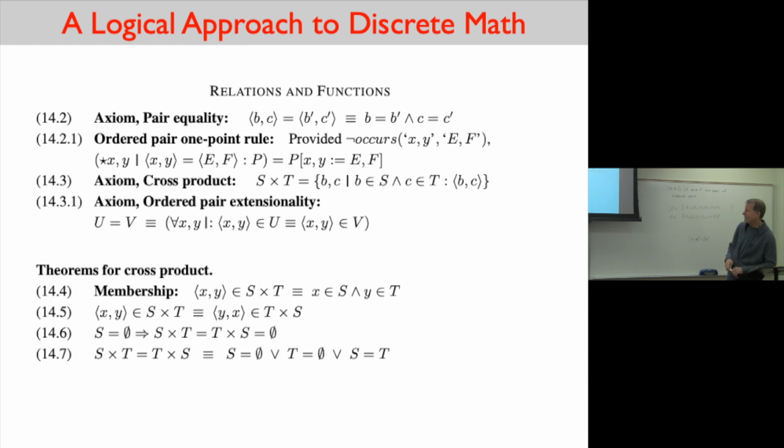And 14.6, let's take a look at it. I won't ask you to prove 14.6. S equals the empty set. Now, what is S? Is S a set of ordered pairs? No.